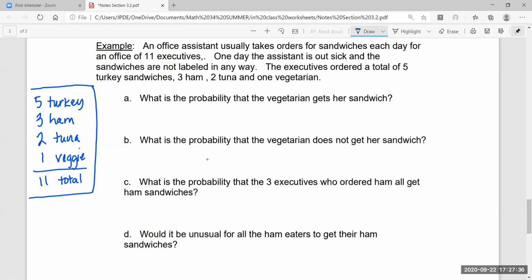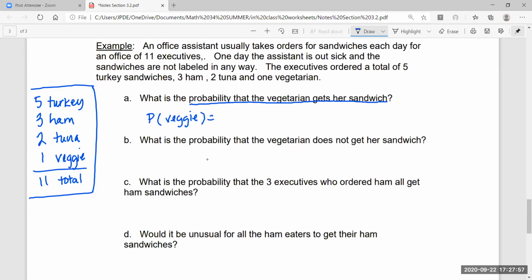First question, what is the probability that the vegetarian gets her sandwich? So I think of like a table, and the person that ordered the veggie sandwich walks up to the table and they grab a sandwich. What's the chance they get their sandwich? What's the probability that they grab the veggie sandwich?